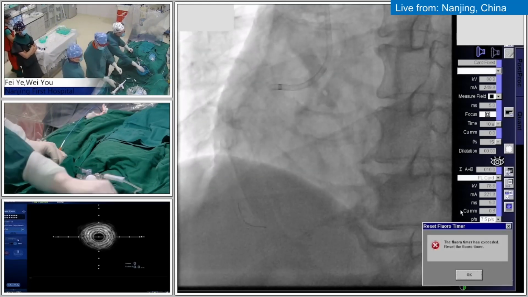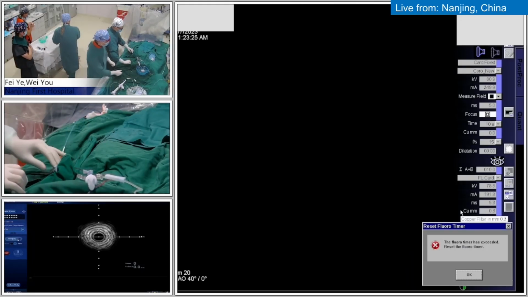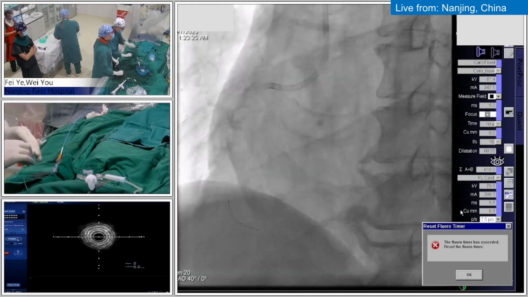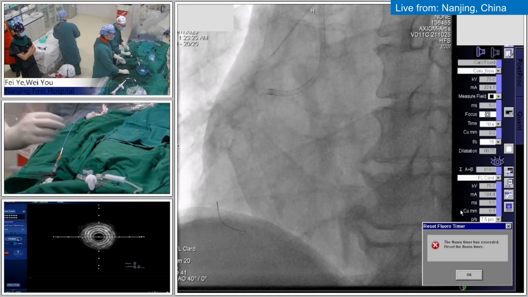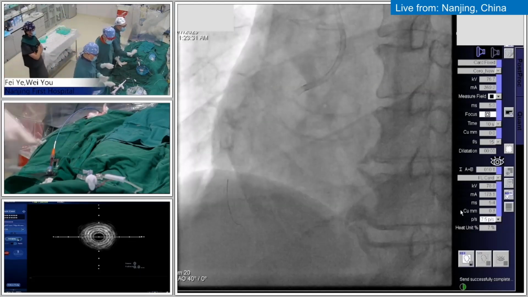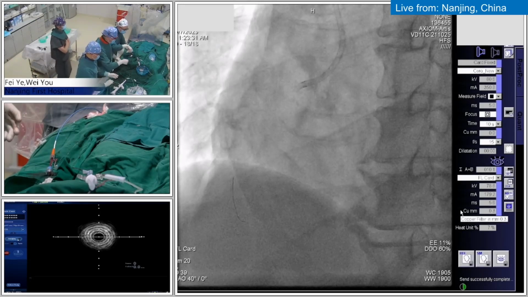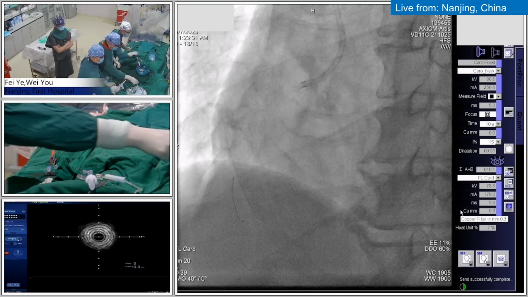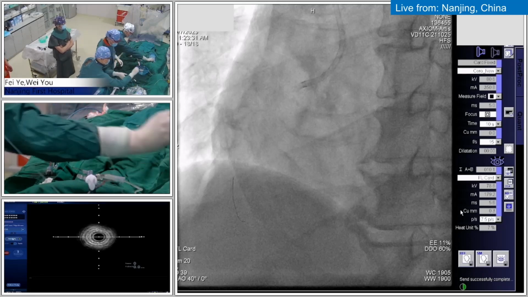Run-through wire, please. IVUS, prepare the IVUS. Recheck everything. IVUS ready. Okay.